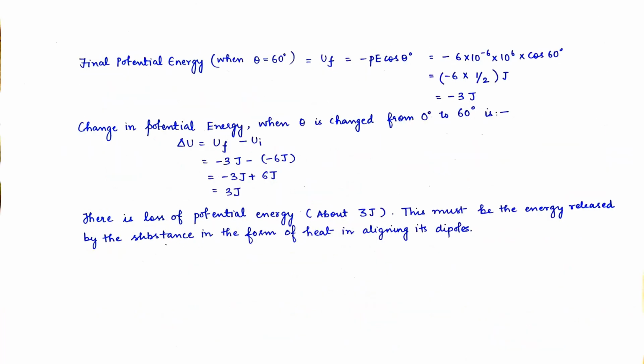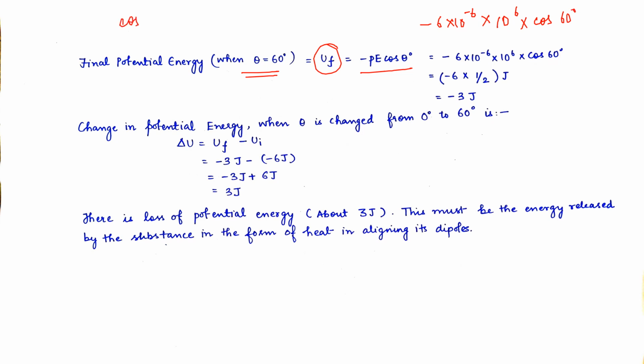Now the final potential energy, U final, will be given as minus P E cos theta. Again P is 6 into 10 to the power minus 6, and E is again 10 to the power 6, but cos theta is cos 60 degrees.